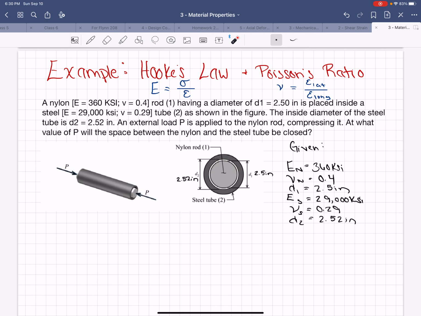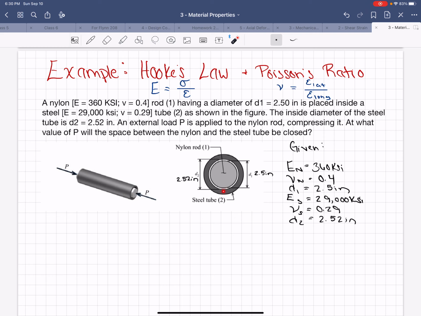So what can we calculate from our givens to start with? We have elastic moduli and Poisson's ratio, but so far we don't have a stress or a strain yet. If we look at Poisson's ratio, there's a lateral strain and a longitudinal strain. The diameter is going to change from 2.5 to 2.52.